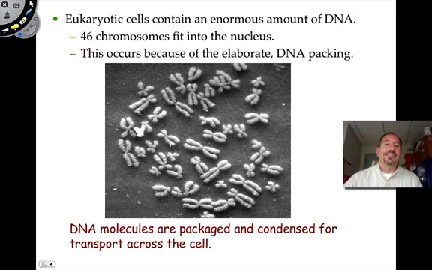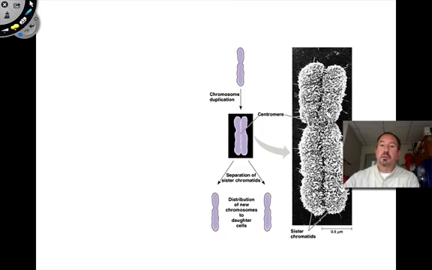Now, each cell doesn't need one. The idea is that each cell only needs half. In other words, one chromatid is going to go to one side and the other chromatid is going to go to the other side. And so DNA condenses itself for traveling purposes. And so another close-up, here's one chromatid, here's the other chromatid.